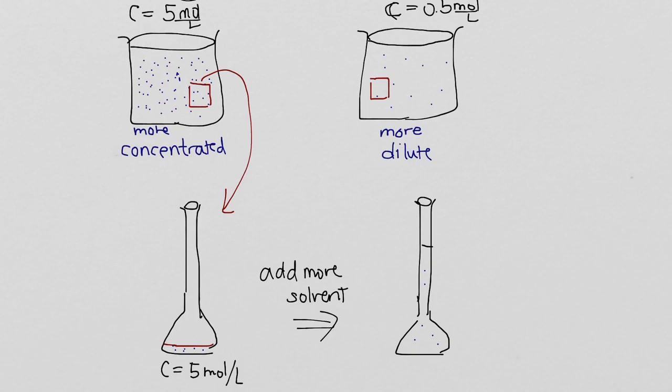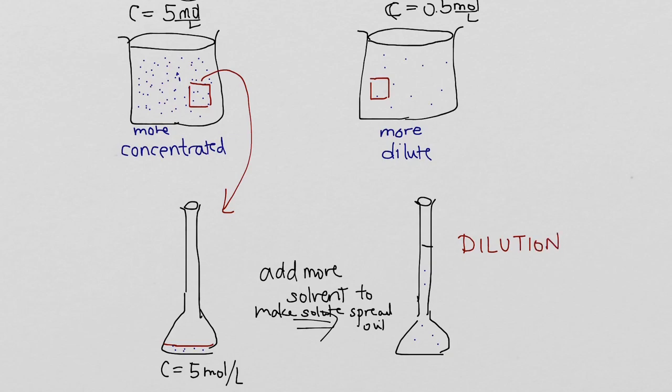So as you can see, because they're more spread out, this is a more dilute solution. So this process, adding more solvent to make solids spread out, so that the concentration is lowered, is called a dilution.